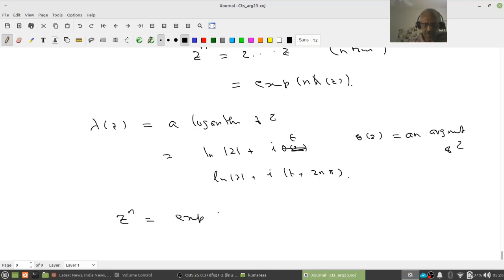It's exponential of n into ln mod z plus i times t plus 2n pi. Okay, right? This is nothing other than exponential of n times ln mod z plus exponential of i times t plus 2n pi.